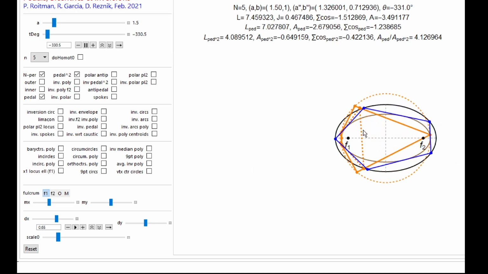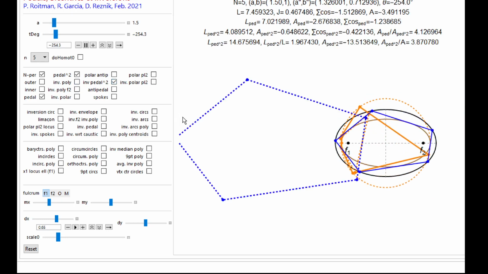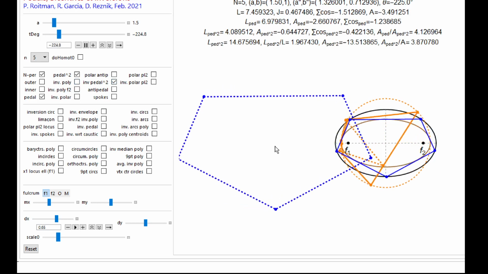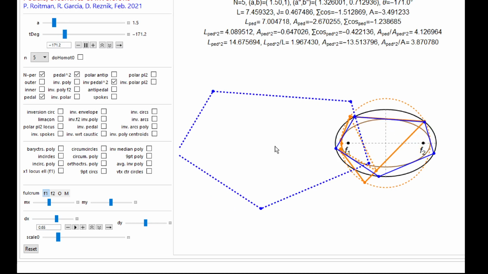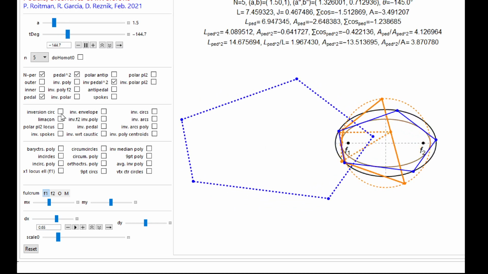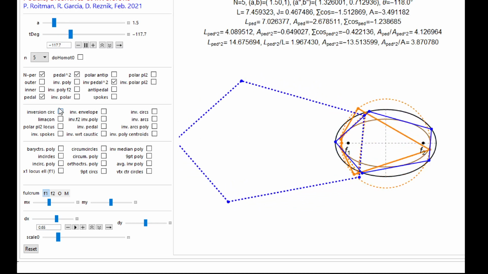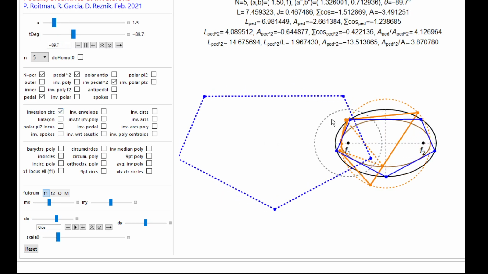Then we take this square pedal and we invert it with respect to F1. And we get a family that is homothetic to my elliptic billiard. Of course, I could make these two families be identical simply by regulating the radius of my inversion circle. Right now the radius of my inversion circle is 1.